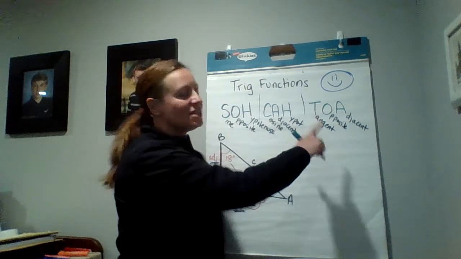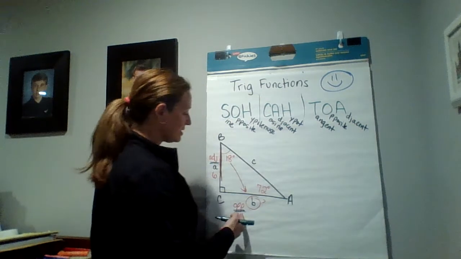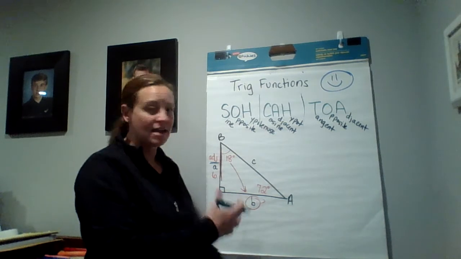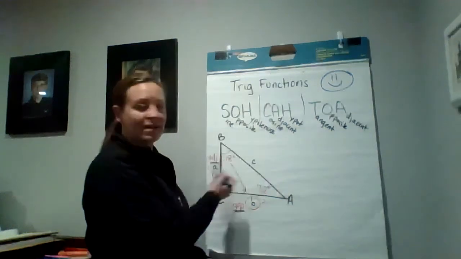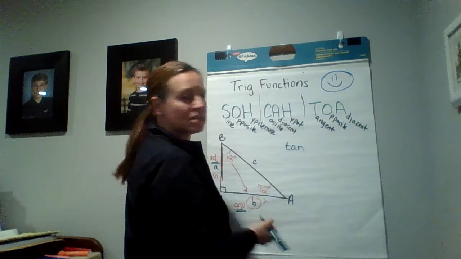So tangent equals opposite over adjacent. That's the one we're going to use for this problem because opposite and adjacent are the two things that we have in play in relationship to this angle. So I'm going to write out the tangent function like this.